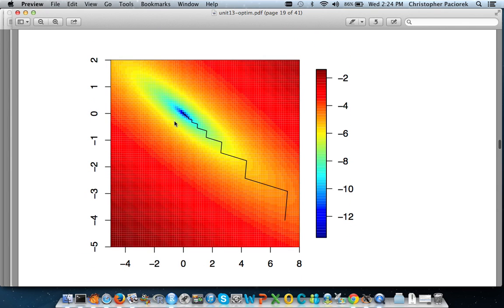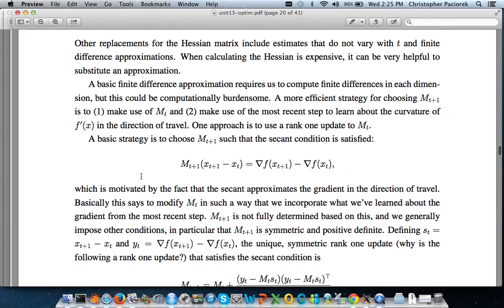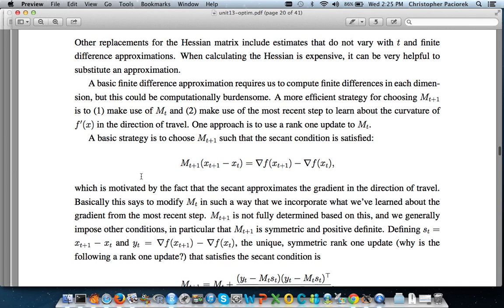So as I move along here, I'm accumulating information in the process of calculating the gradients. So one of the basic ideas of these Newton-like methods is to try and update this M matrix with the information that you get as you move along.